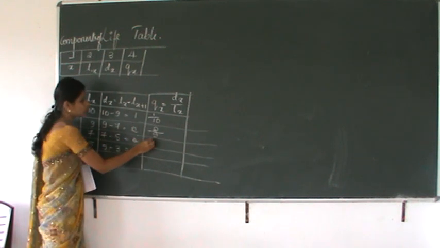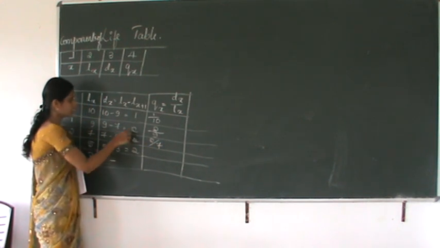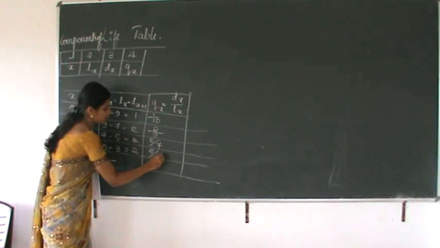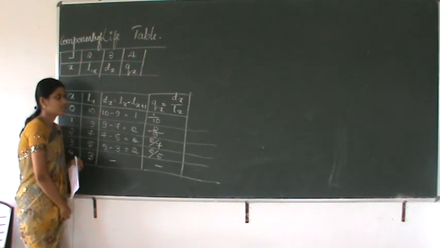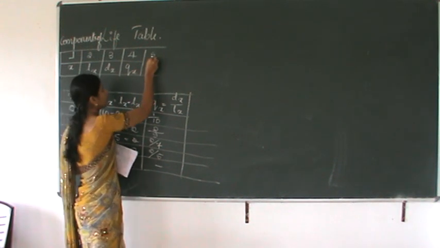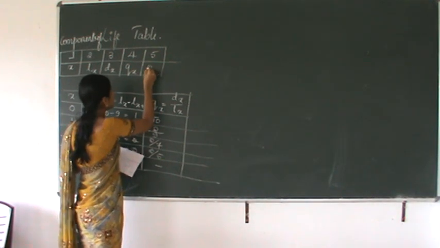Next, dx is 2 divided by lx is 7. Again dx is 2 divided by lx is 5. This last one is a dash. So this is called the mortality ratio. And the next component of the life table, that is the fifth component of the life table, is small letter p.